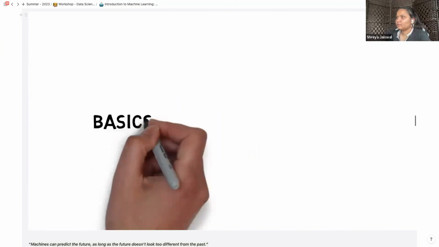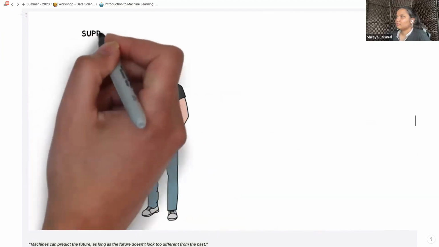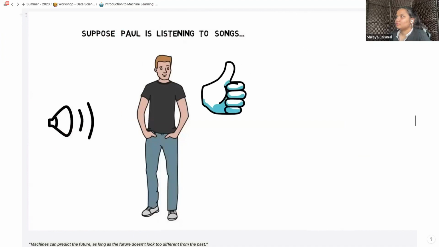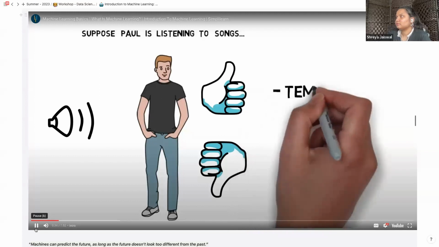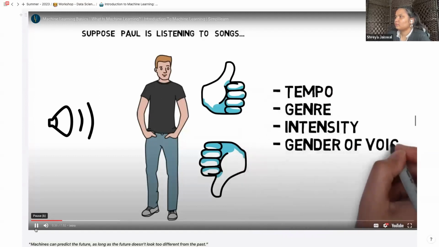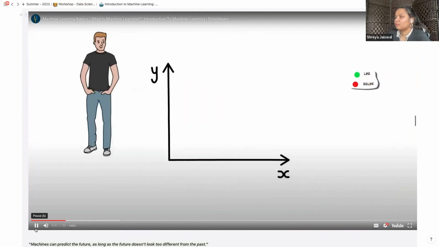So today, we will learn about the basics of machine learning. So that's Paul. He loves listening to new songs. He either likes them or dislikes them. Paul decides this on the basis of the song's tempo, genre, intensity, and the gender of voice. For simplicity, let's just use tempo and intensity for now.